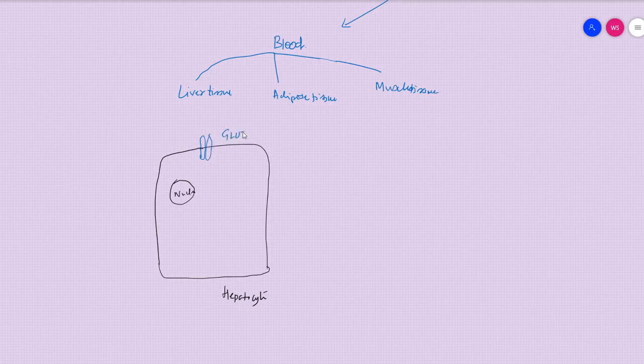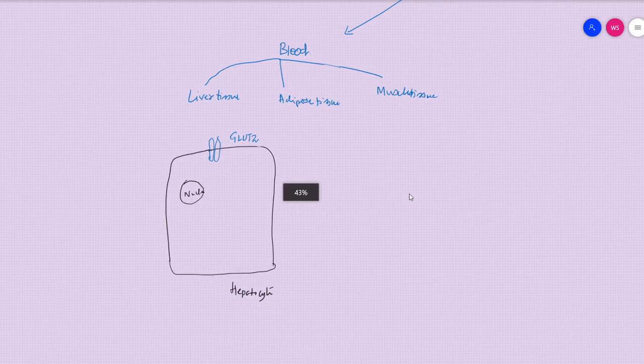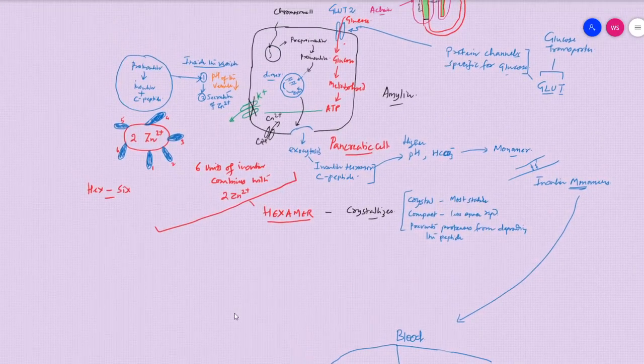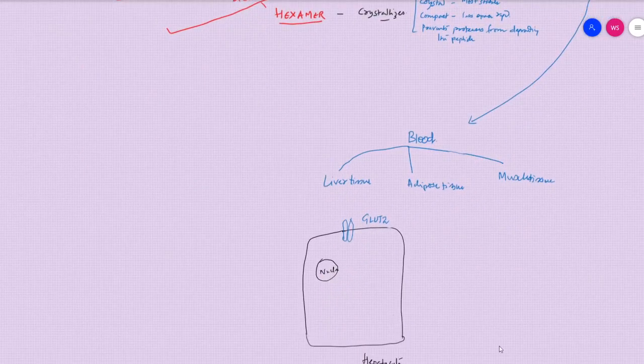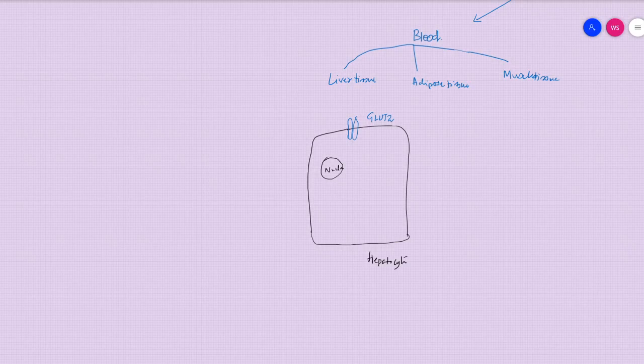It's called Glut 2. The important thing to remember about Glut 2 is that it is insulin independent, meaning it doesn't require insulin to work.